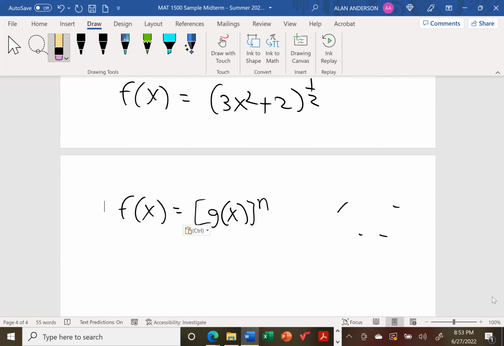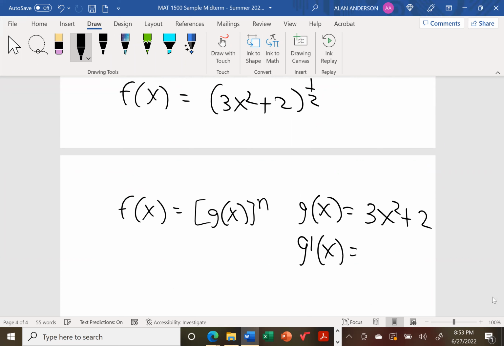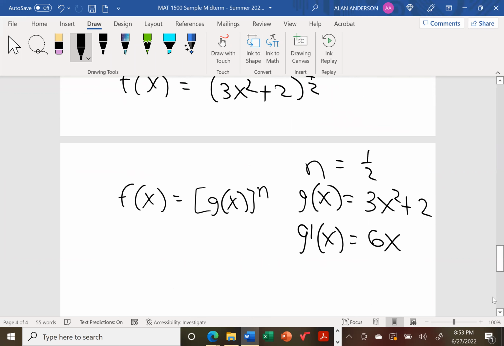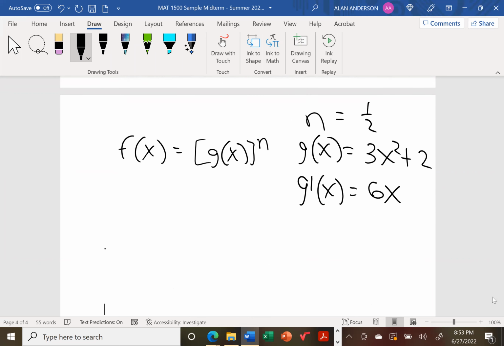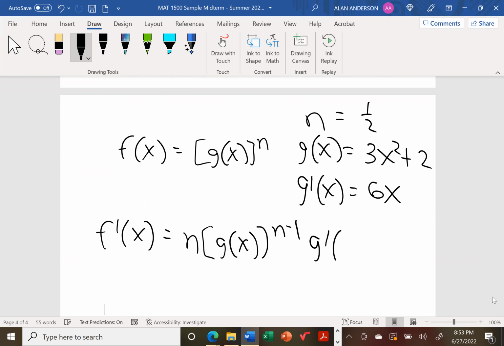And of course, this time g of x is what's inside the parentheses, 3x squared plus 2. g prime of x is 6x based on the power rule, and n is 1/2. So we know that the derivative f prime of x from what we saw earlier is n g of x to the n minus 1 g prime of x.